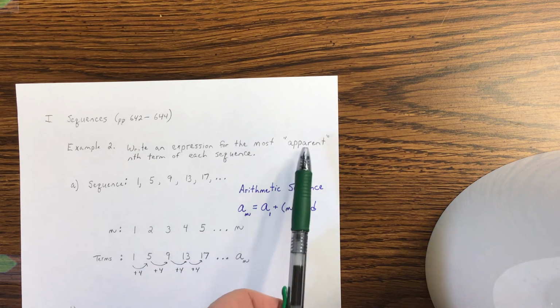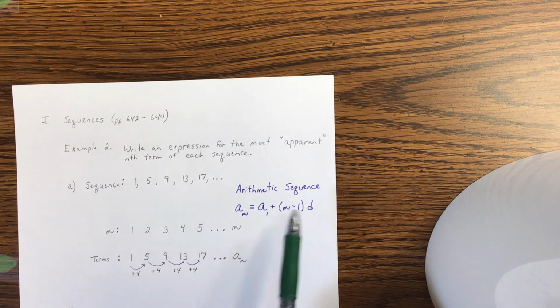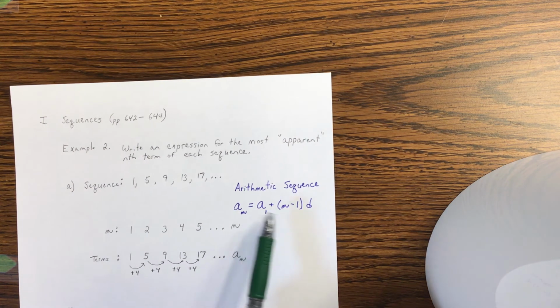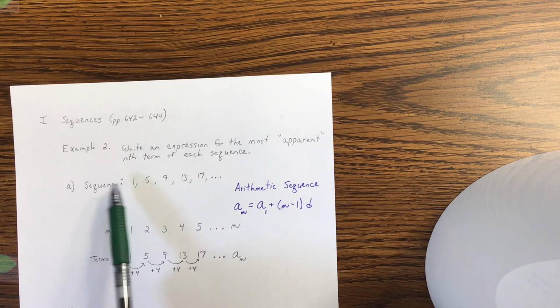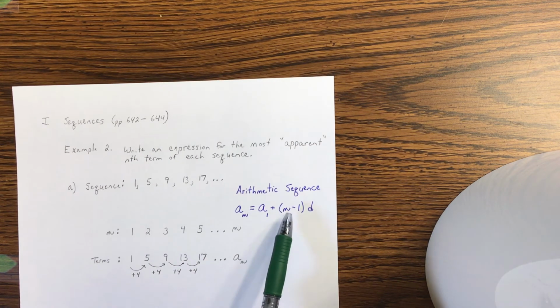So we already know that our d is going to be 4. We know this problem started off with the first term of 1. In this case, we don't know what n is. n is just going to represent how many terms we're going to deal with, the nth term.